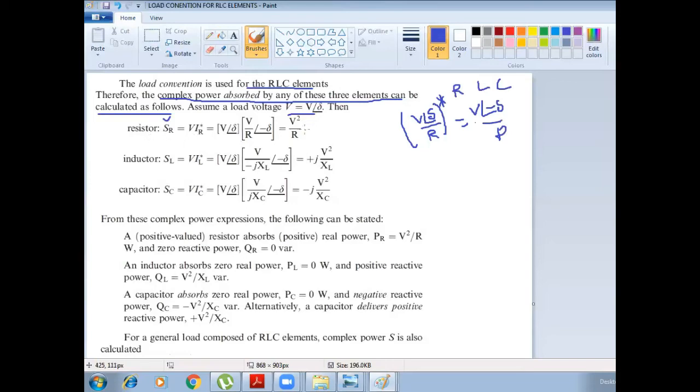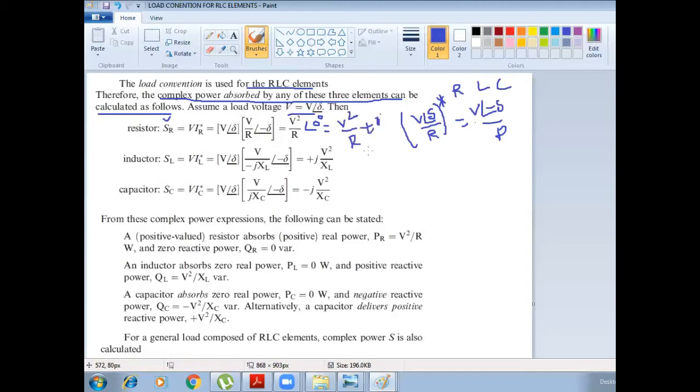It is V square by R. So V times V gives V square in magnitude, and delta minus delta is 0, divided by R. So you can write it as V square by R at an angle 0 degrees, and ultimately you will get the real power only. Because cos of 0 degrees is 1, you get V square by R plus 0.